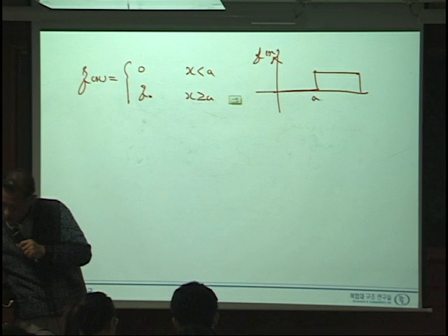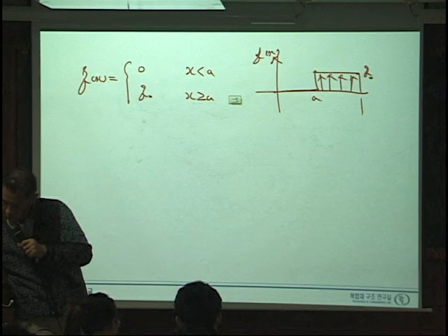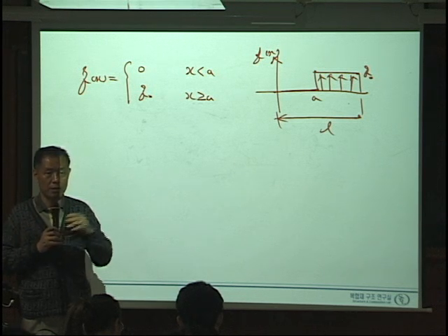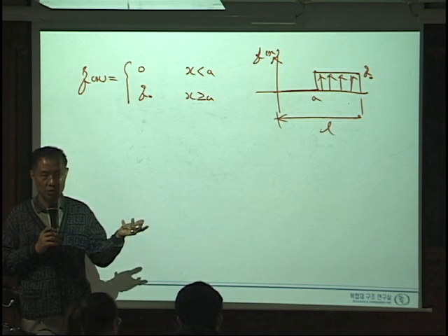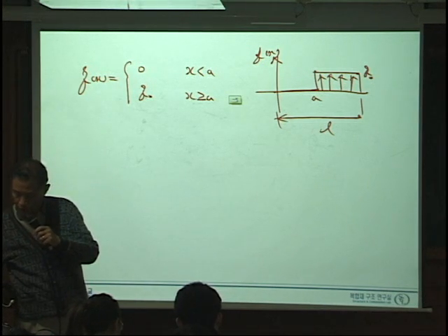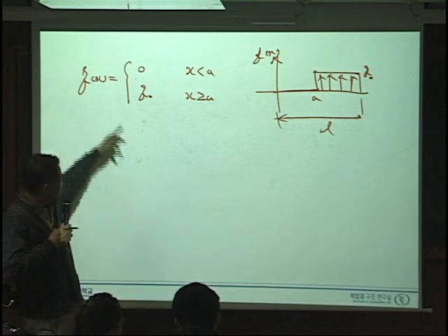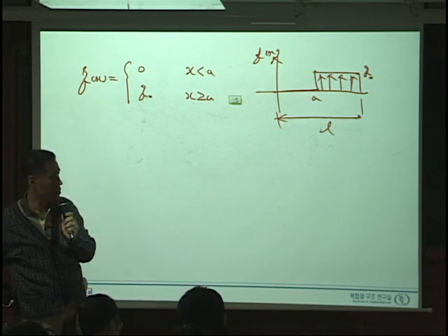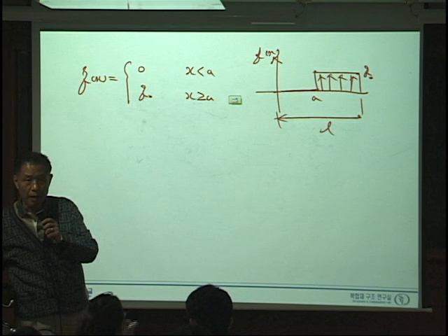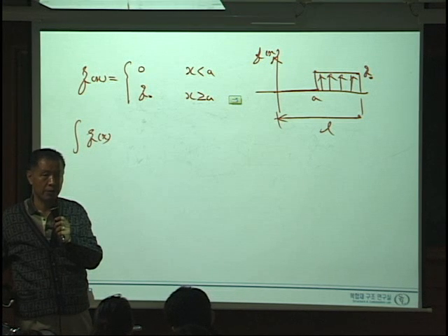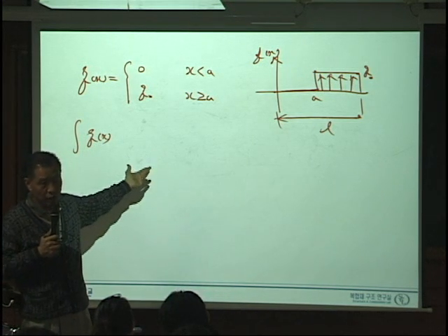This is a, and this will be Q0, and this will be L. Right? Let's forget the singularity function for now and just use regular expressions. Regular expressions means that we have two expressions. One region is 0, and the other region is Q0. Now let's try to integrate them. You understand why we need to learn how to integrate this.